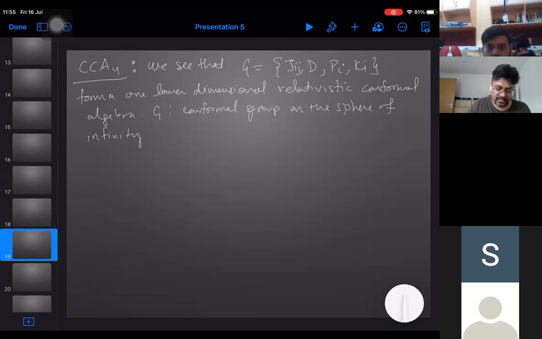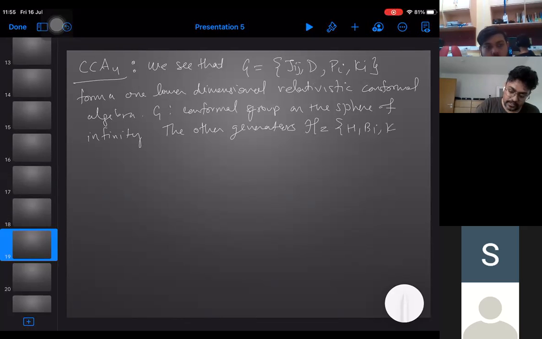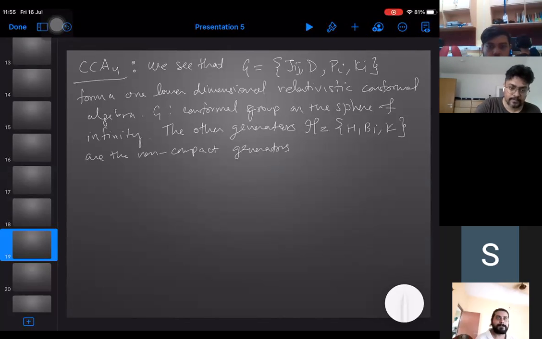The other generators which are left, you can define as this, which is your H, Bi, and K, are the non-compact generators, which give rise to the translational part.